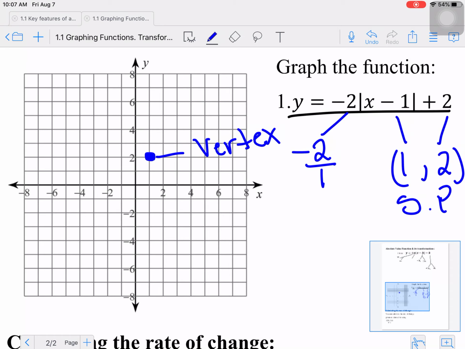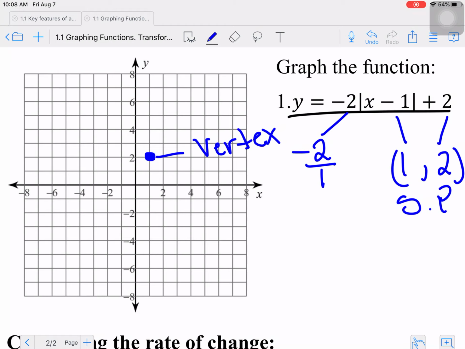Alright, now we're going to use our slope. Now, notice that my slope, it's a negative, which means that instead of going up, it's actually going to go down. It's going to decrease. So, because I should be getting a V shape, I got to do it to both sides, and this is where a vertex comes into place. A vertex is the middle of the function, and it's the symmetry point. What does symmetry mean?